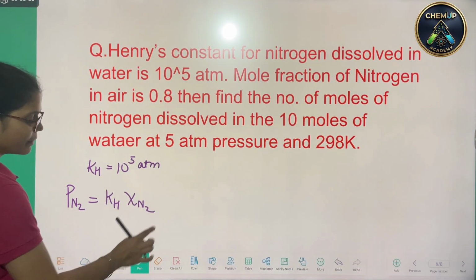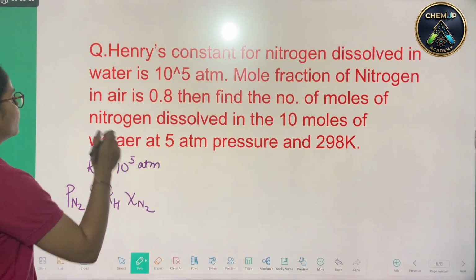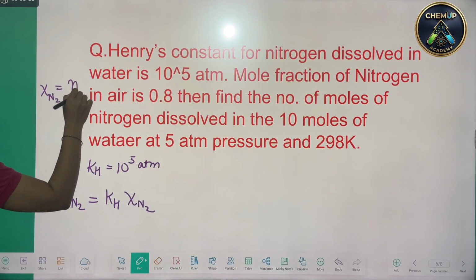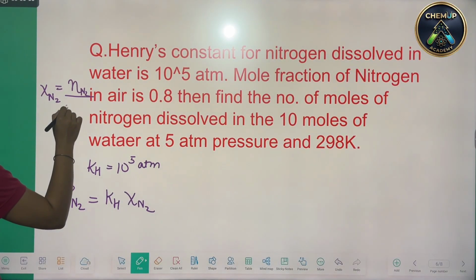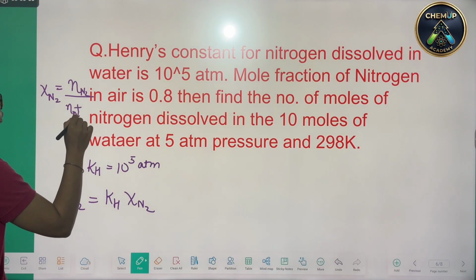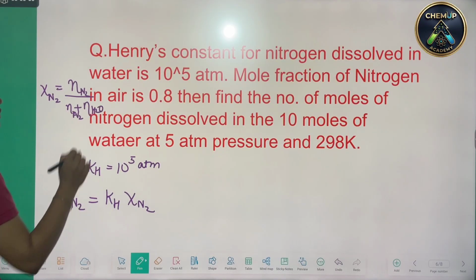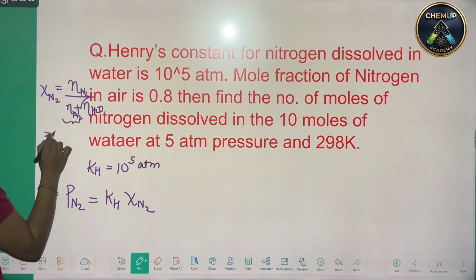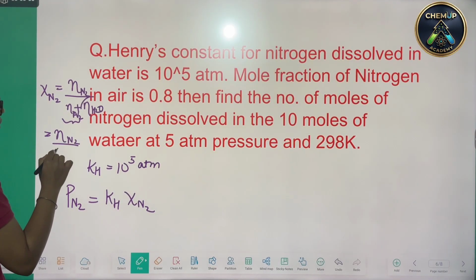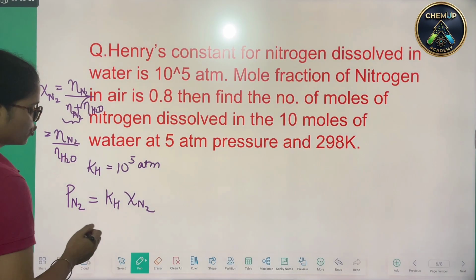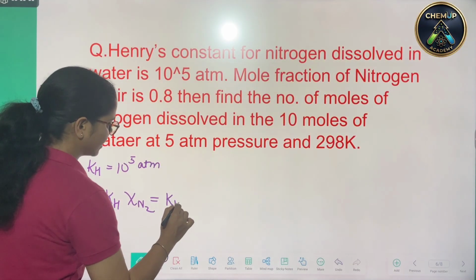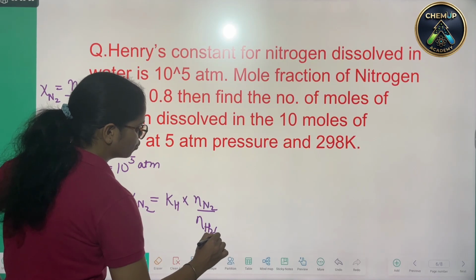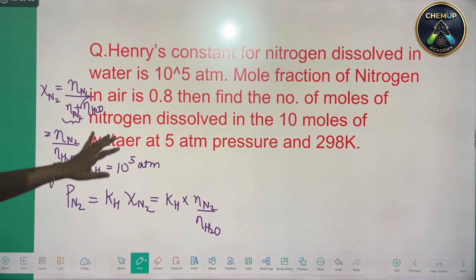The mole fraction can be written as the number of moles of N2 over the moles of N2 and water, because it is dissolved in water. With respect to water, I can neglect the N2, so I can write it as n N2 upon n H2O. This simplifies to P N2 equals KH into n N2 upon n H2O.